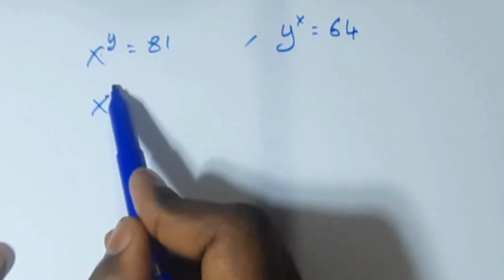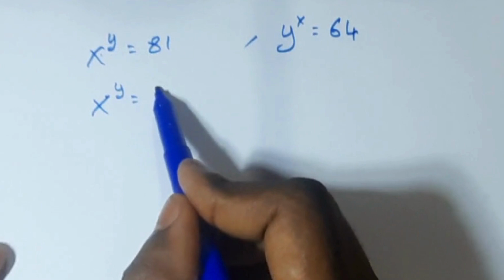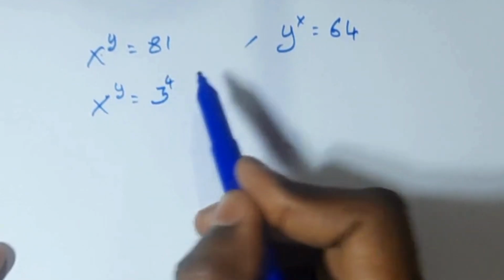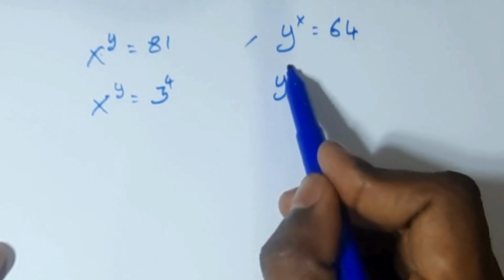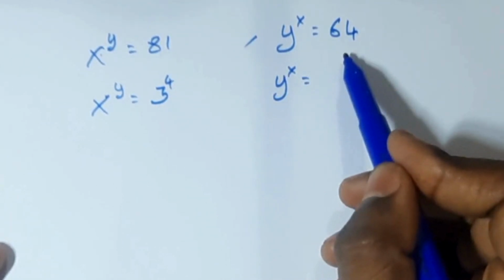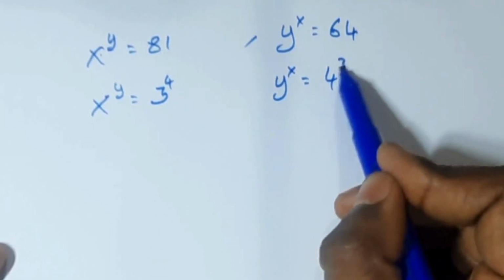Here x to the power of y equal to 81, we are going to replace by 3 to the power of 4. And same on the right hand side, y to the power of x equal to 64, we are going to replace by 4 to the power of 3.